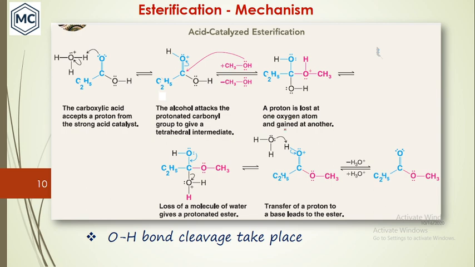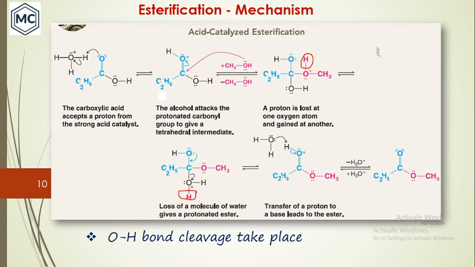A proton is lost on oxygen. Here in this example, you can see that this proton is lost from this oxygen and moves towards this more nucleophilic center, that is the hydroxyl group.